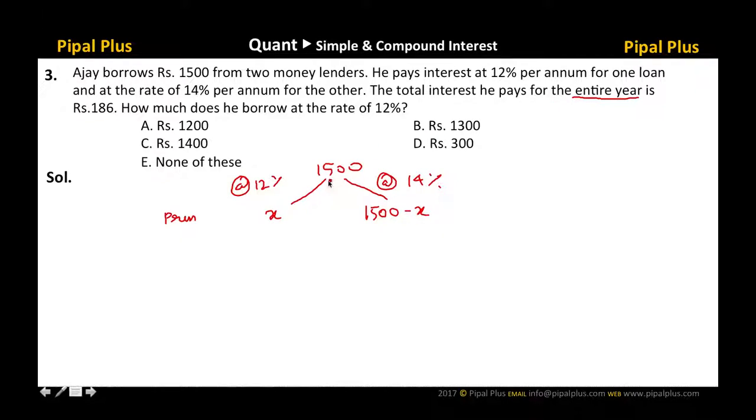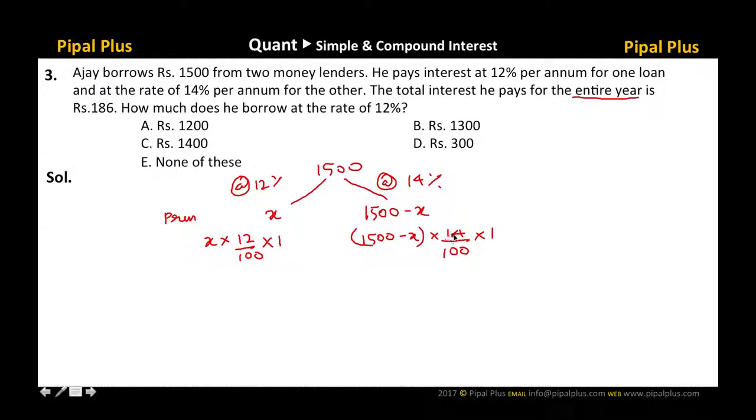So the interest paid on the amount X at 12% is the principal times interest times 1 year, right? And the interest paid here is principal times interest rate times the time period, which is 1 year, right?